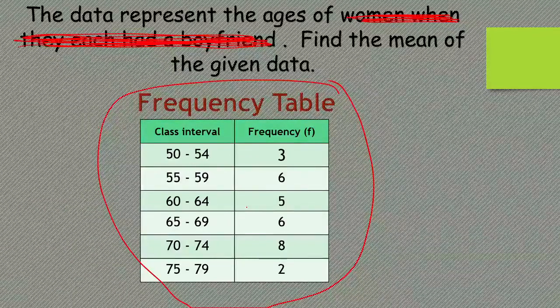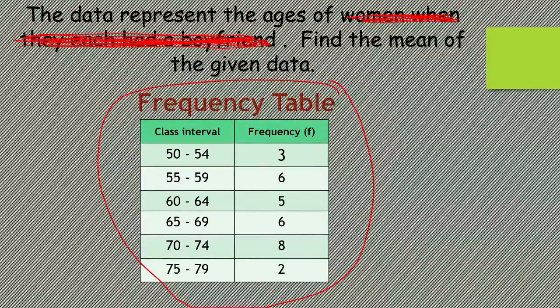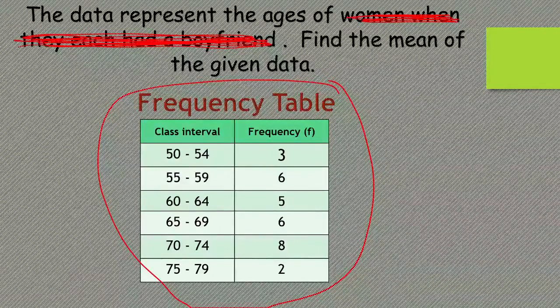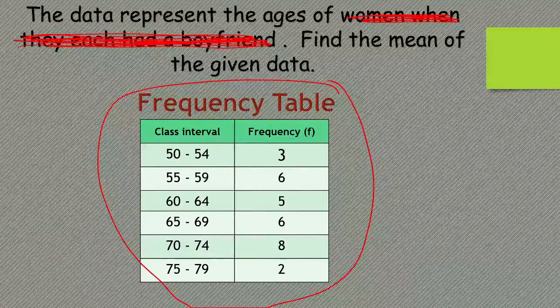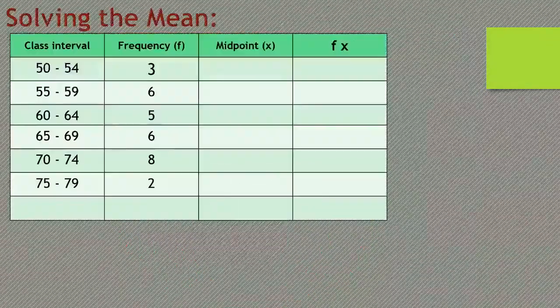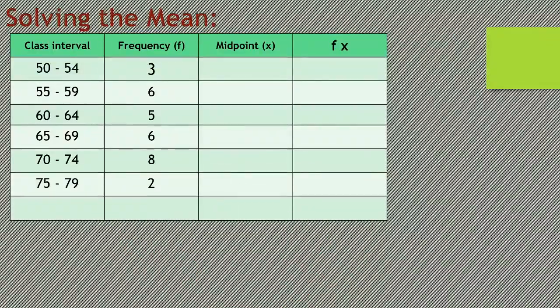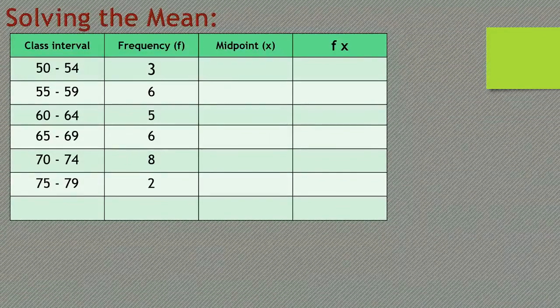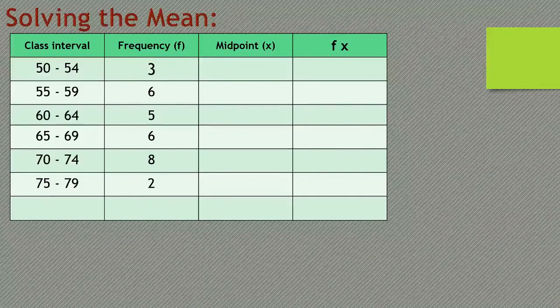Now, let's begin with the first step. What's our first step? Add 2 columns, correct. So add 2 columns for the midpoint and the fx. Okay, next step. Get the midpoint.